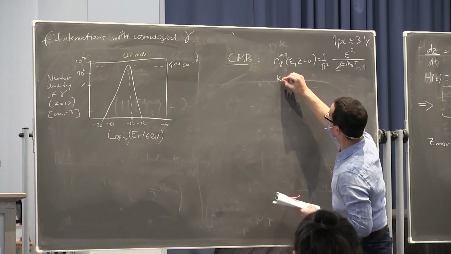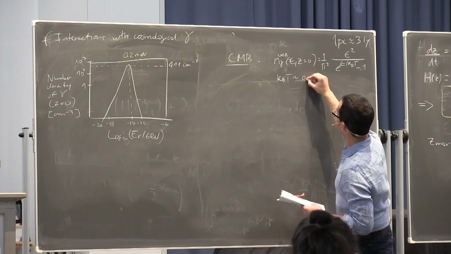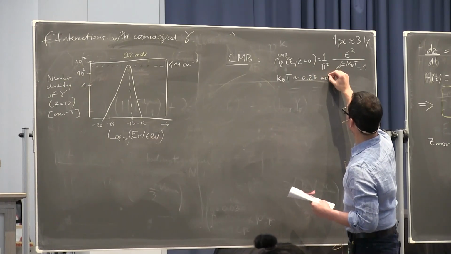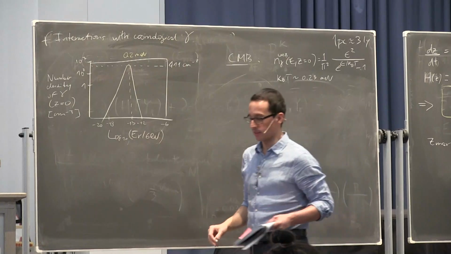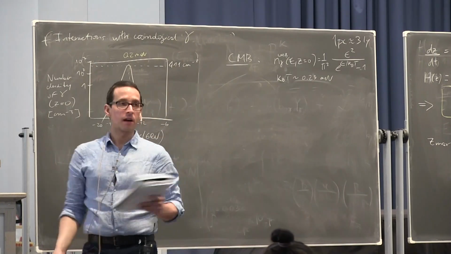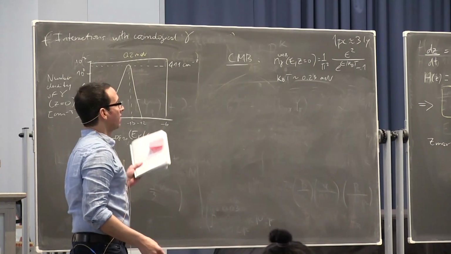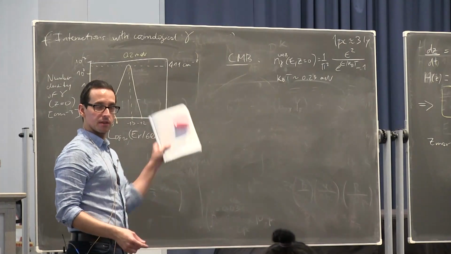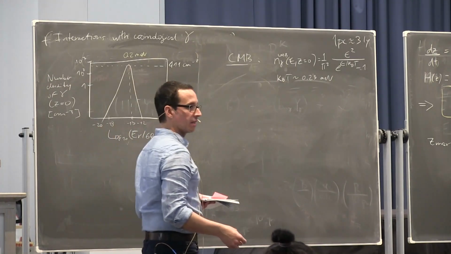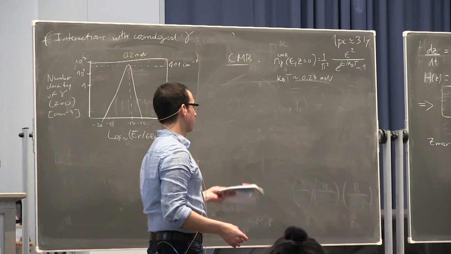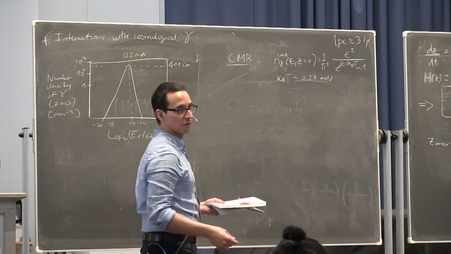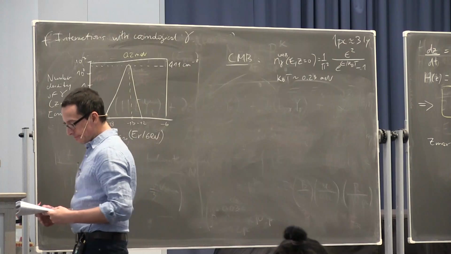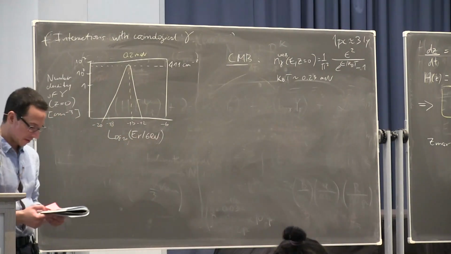And this is about 0.23 millielectron volts, which corresponds to 2.73 kelvins. There are, as you are very aware, small variations in the temperature. They are completely ineffectual for the purpose of propagating protons or other particles. They are fundamental for cosmology, though, of course.